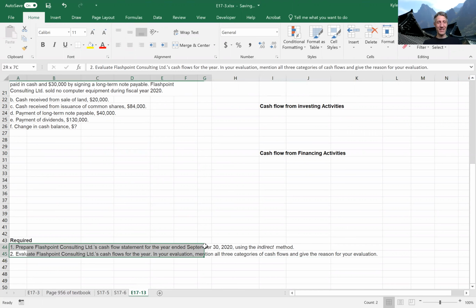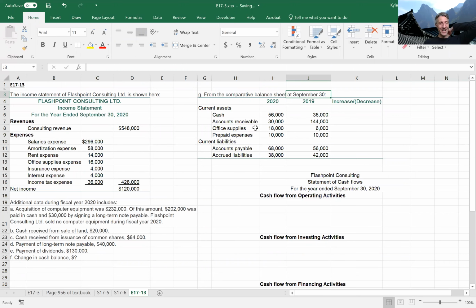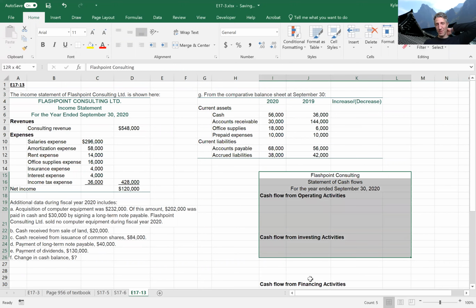And then evaluate cash flows for the year. In your evaluation, mention all 3 categories. Okay, so the main requirement here is to prepare a cash flow statement using the indirect method. Glad I got the date right, September 30th. I glanced up and took it from here, hoping it was going to be the same period. But anyway, I'm pretty happy with my template here.